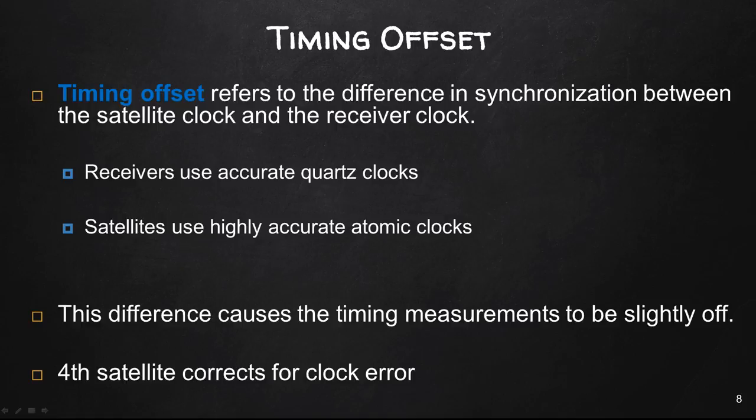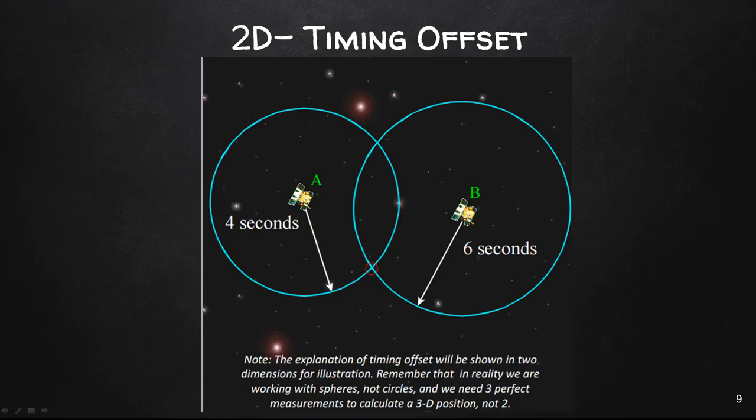The receiver uses a quartz clock, which is not nearly as accurate as the highly accurate satellite atomic clocks. If we had an atomic clock in our receiver, nobody would be able to afford one because it would be far too expensive. So they use something cheaper, a quartz clock. This difference causes the timing measurement to be slightly off, so a fourth satellite corrects for clock error.